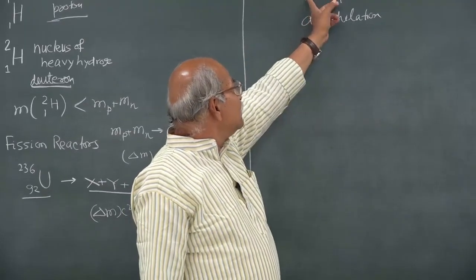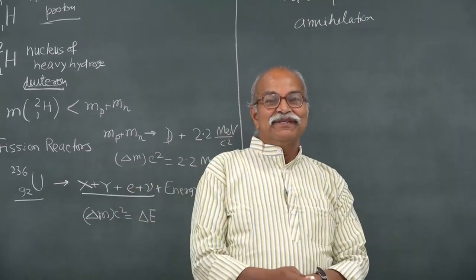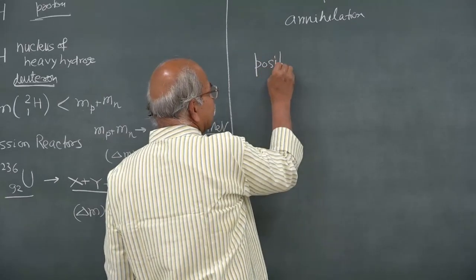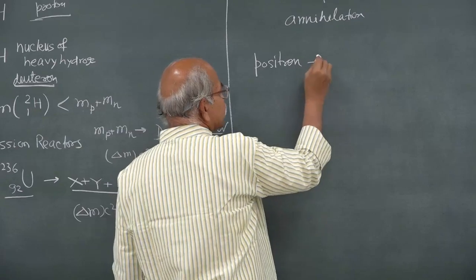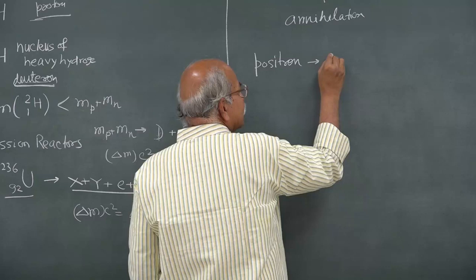Electron you know very well, and positron is just the antiparticle of the electron. The only thing which is important for us at this time is that it's an image of the electron, you can say.